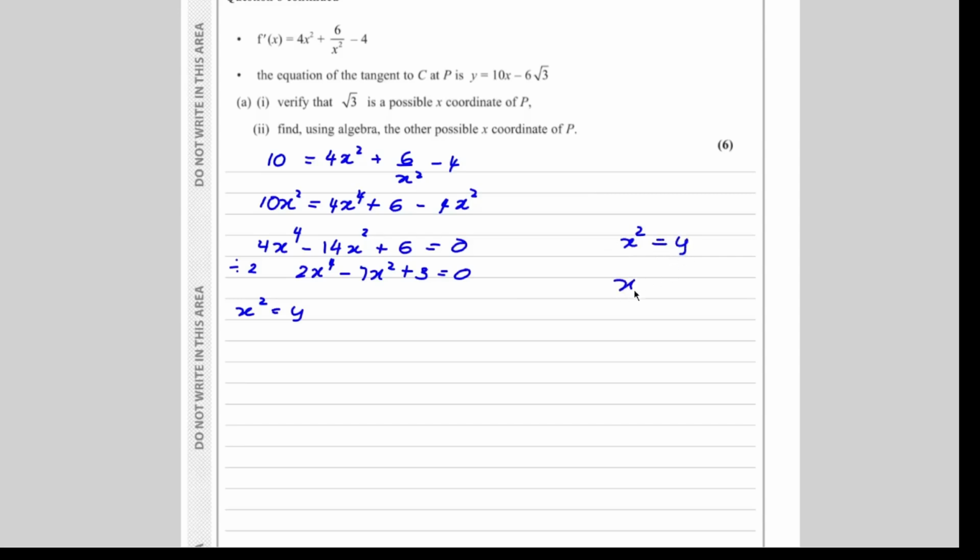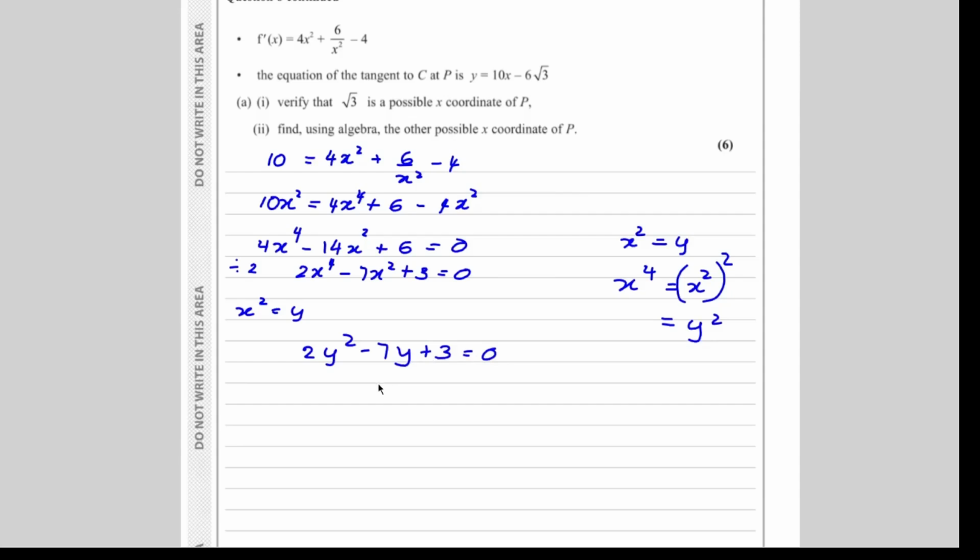Then x to the power of 4 can be written as x squared to the power of 2, which would be y squared. So here we are writing 2y squared, because this is x to the power of 4, minus 7y plus 3 equals 0.